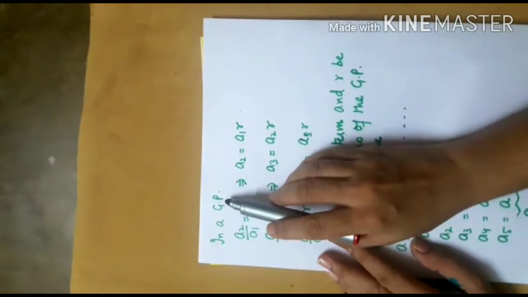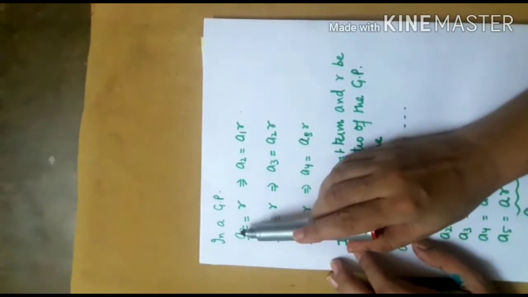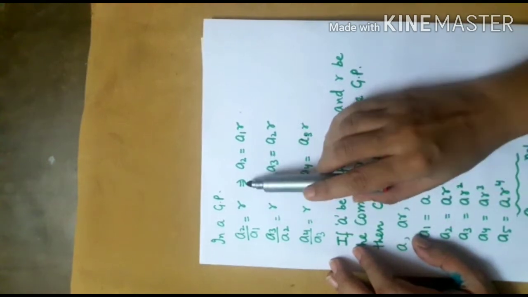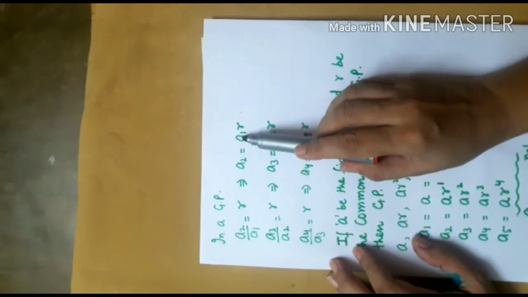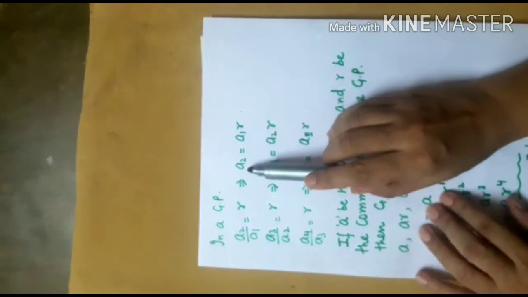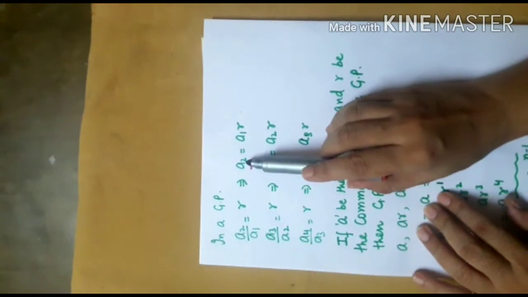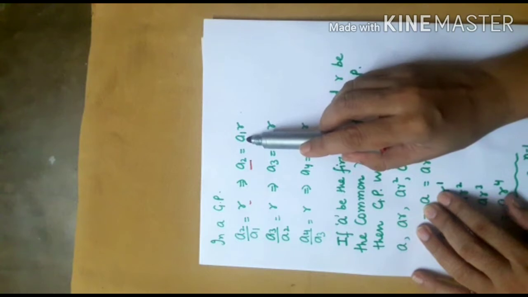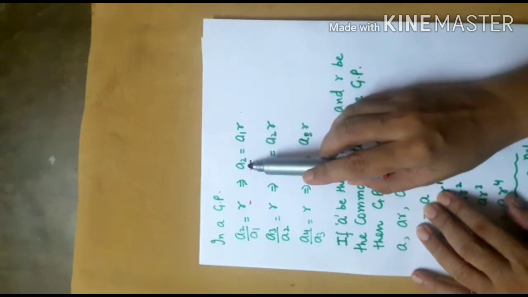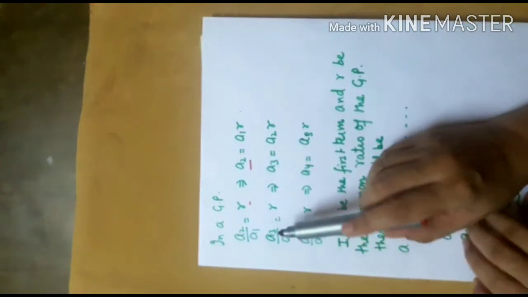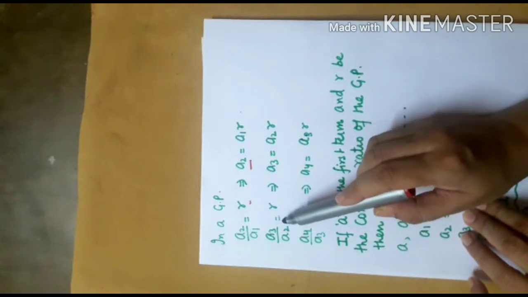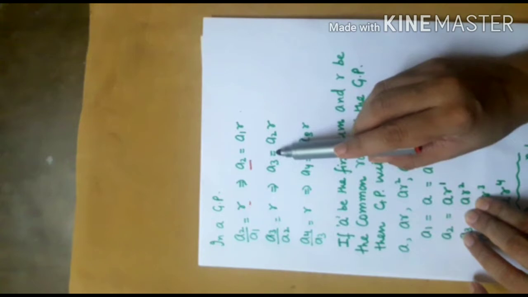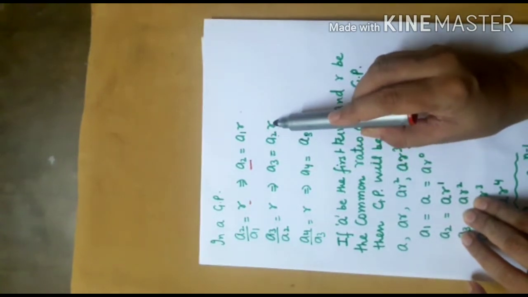In a GP, by definition, a2 over a1 is equal to r. This implies a2 is equal to a1 r. That is, a2 is obtained by multiplying the common ratio to the first term, the term preceding a2. Similarly, a3 over a2 will also be equal to r, so a3 will be equal to a2 into r.